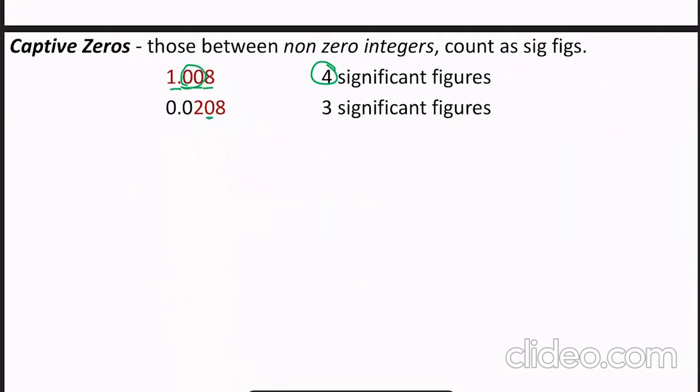These are leading zeros, and I do not have to include leading zeros ever. I only have to include my captive zero. So we go 1, 2, 3, three significant figures. Captive zeros right here, because they're in between two non-zero numbers, I have to include them. 1, 2, 3, 4, 5, 6, six significant figures.